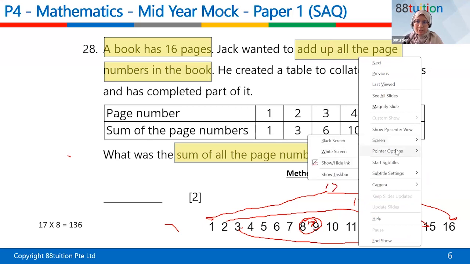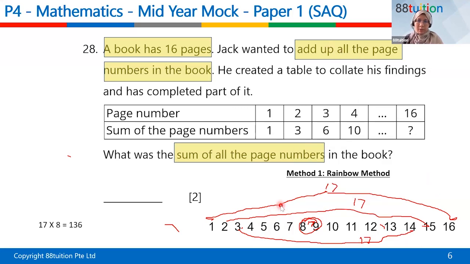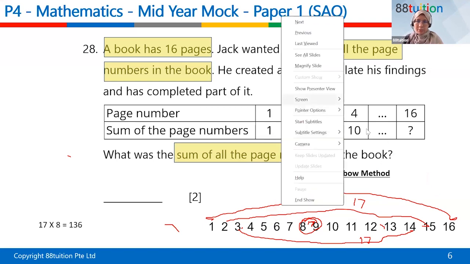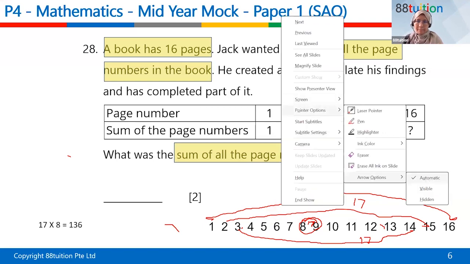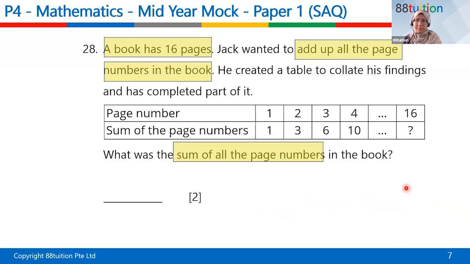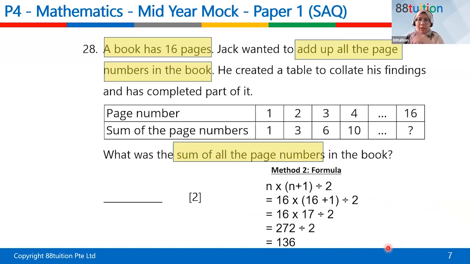Another method. Hang on, the options. Okay, it's the formula method. Now, this one happens when you see a table like this. For those of you, had any of you seen this method before?